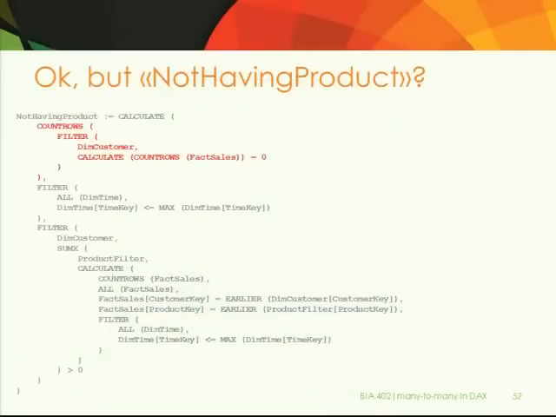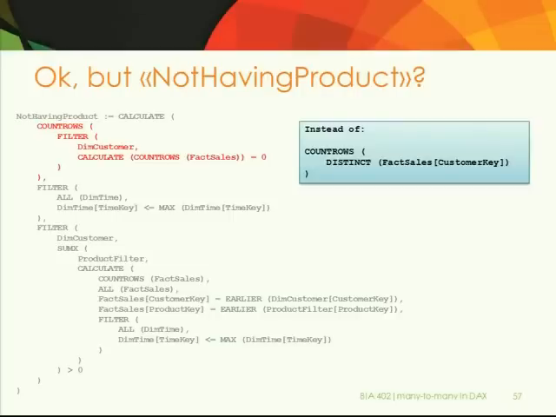Not having product, which is the real challenge, is identical. The only difference is in the red part. Before we had COUNTROWS DISTINCT of fact sales. Now we have COUNTROWS, FILTER, DimCustomers, and so on.